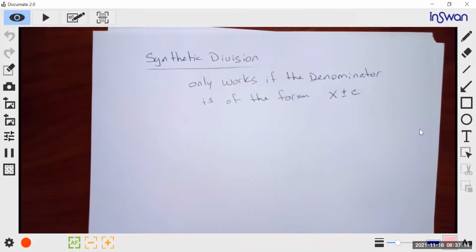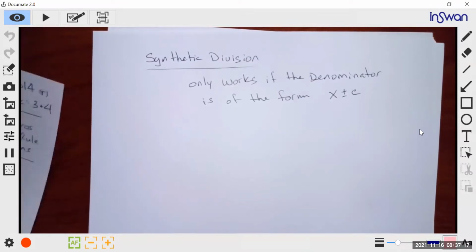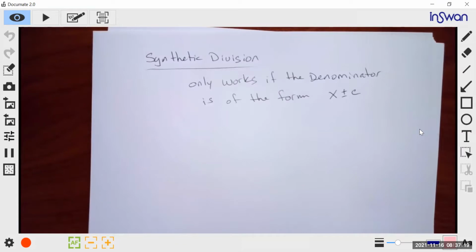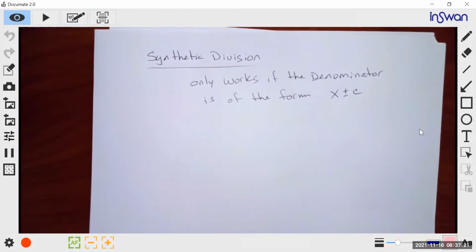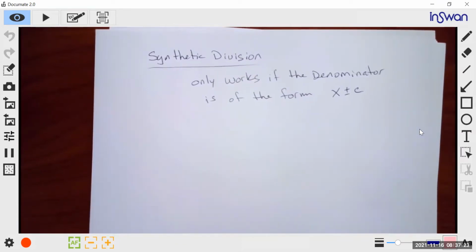It's got to be a linear binomial with no coefficient or exponent. This is a much faster way, which gives us the same answer.